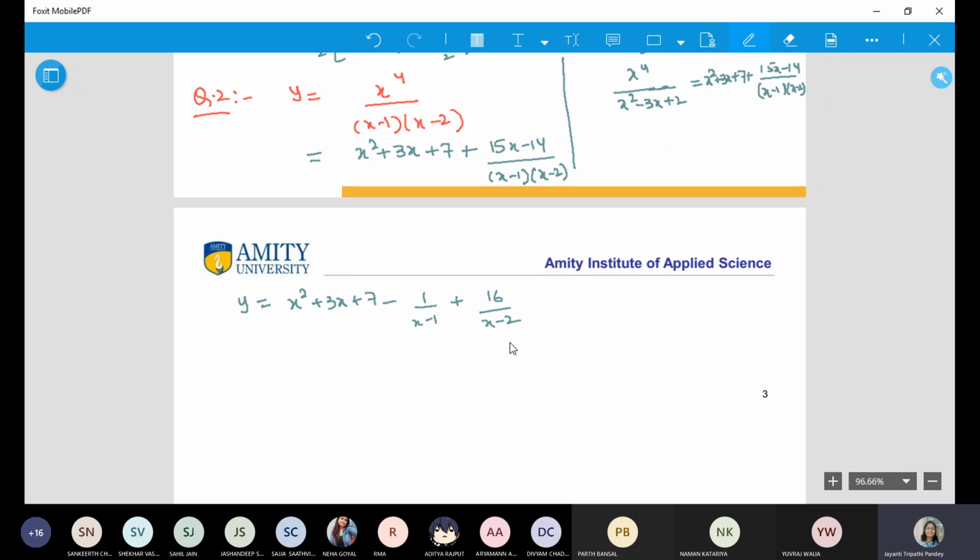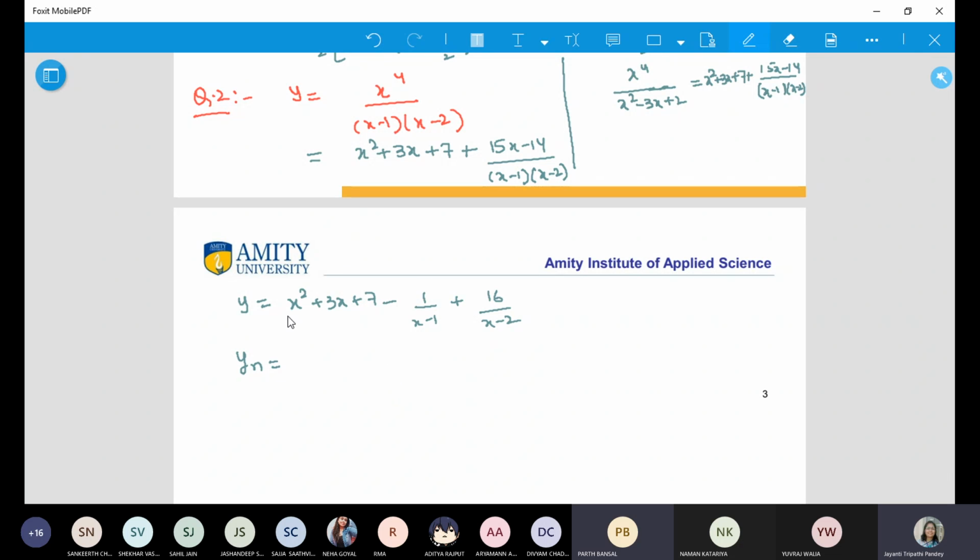I want you to verify this, please. It is correct. Okay. Now you have to find yn. Now you can see this will disappear, this will disappear, and this will disappear. Agreed or not?